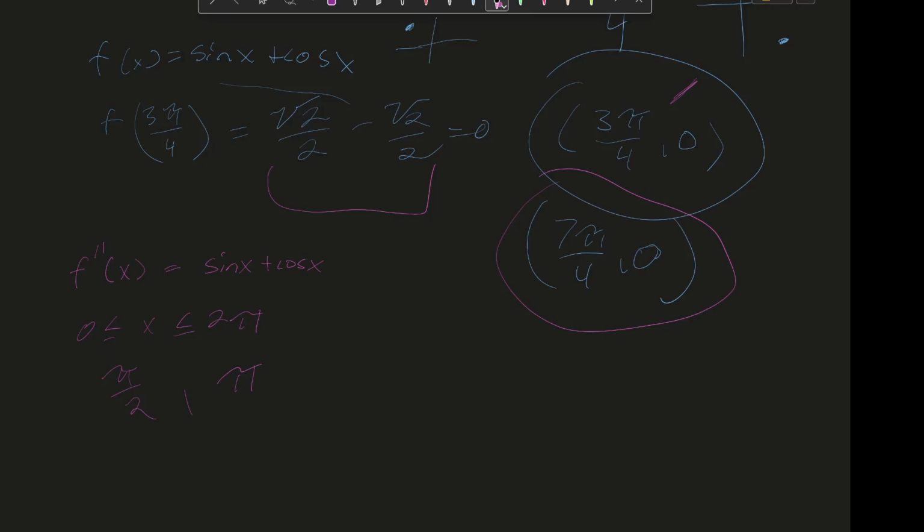So between 0 and 3 pi over 4, something between 3 pi over 4 and 7 pi over 4, and then something between 7 pi over 4 and 2 pi.